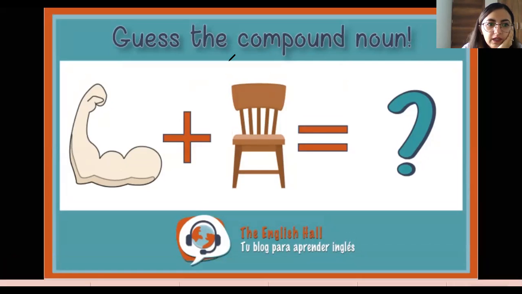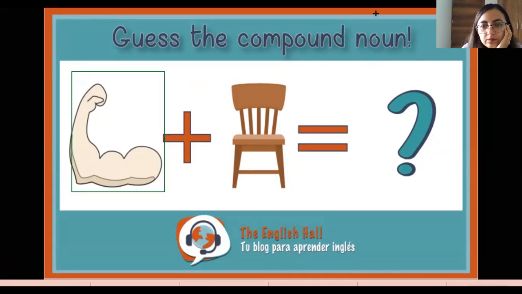Do you have any idea of what is this? Thank you, Madeline. It's an arm, right? It's an arm. And what about the second? Yes. Thank you, Gina. It's a chair, right?